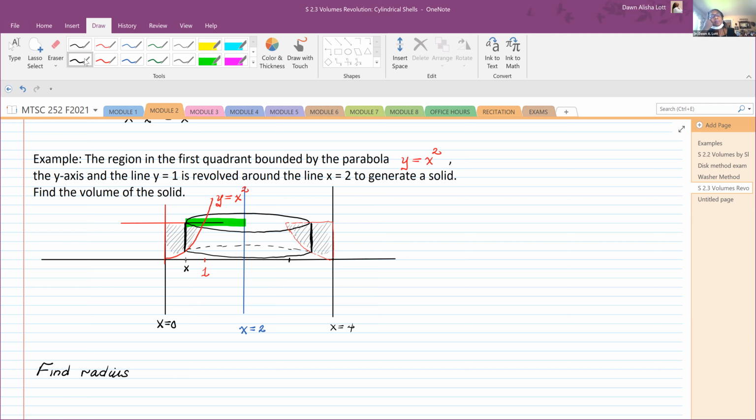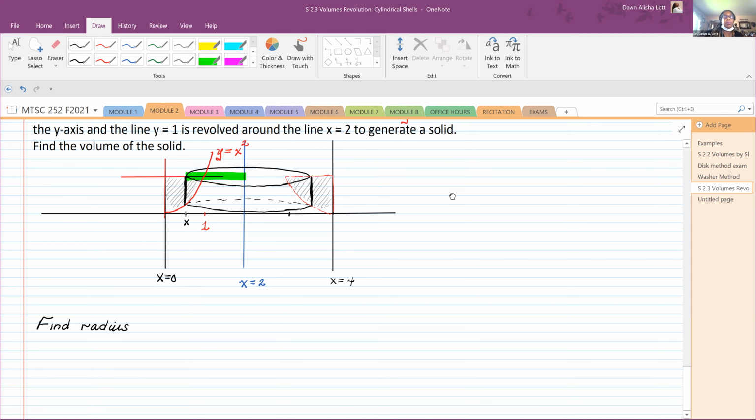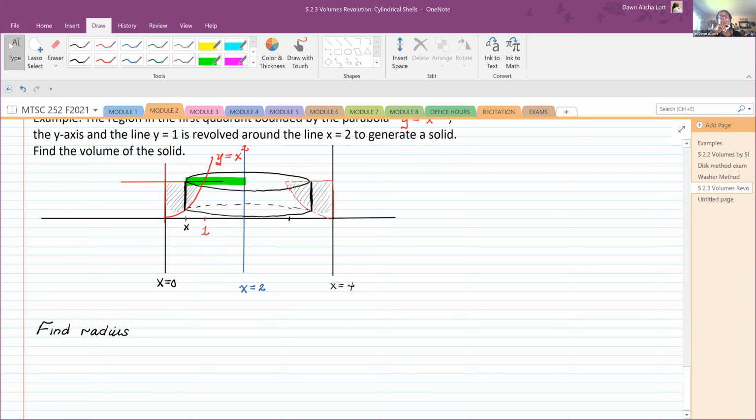That is the radius. So how long is that piece in terms of the x that you chose? So I'll give you a hint.